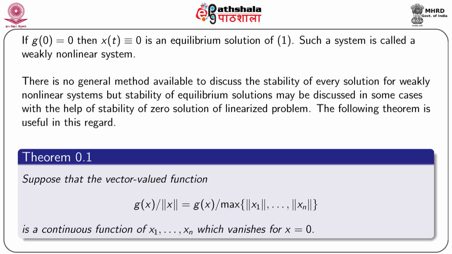So, the theorem says, suppose that the vector valued function G(x) divided by norm x, which is equal to G(x) divided by max of (norm x1, norm x2, ..., norm xn), is a continuous function of x1, x2, ..., xn which vanishes for x equal to 0.